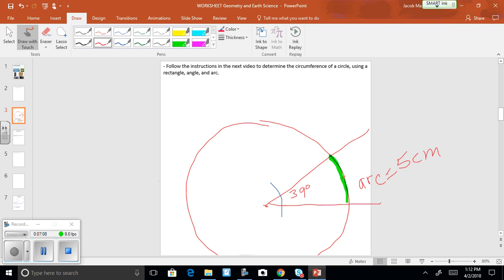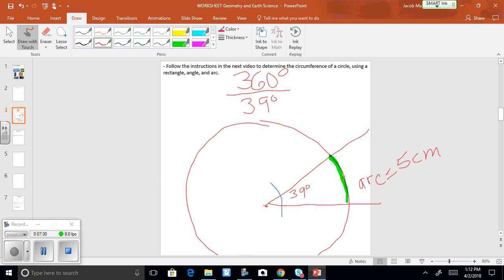So the way this works is we're going to use proportions. Okay, so essentially, if you think about how many degrees it takes to go around a circle, we say that is 360 degrees. Okay, now our angle is only 39 degrees.